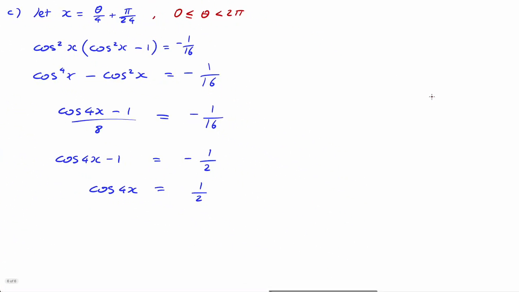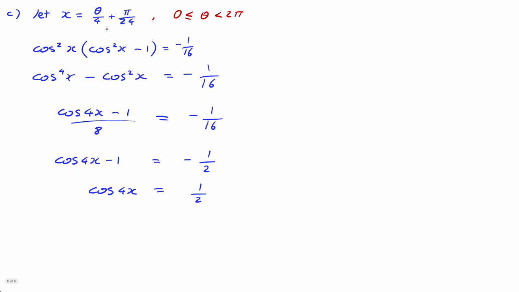Okay, so if this is theta and this is 4x, now I need to change this back into this. Now, let me just deal with this for 1 second, guys. If theta is between 0 and 2 pi, what must x be between?